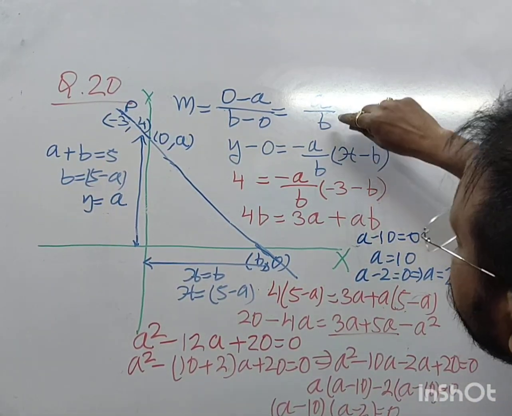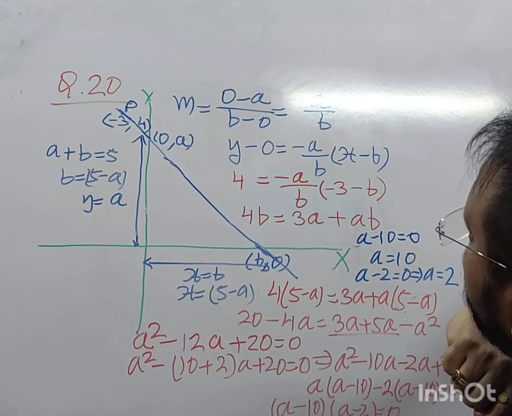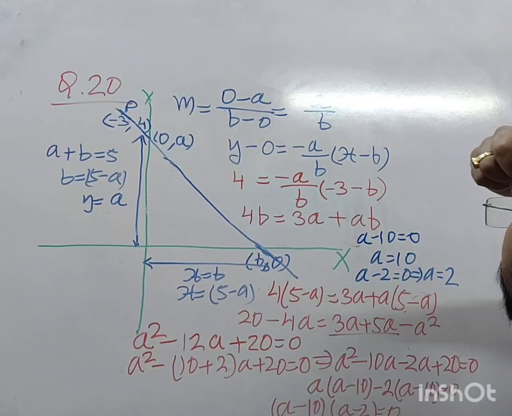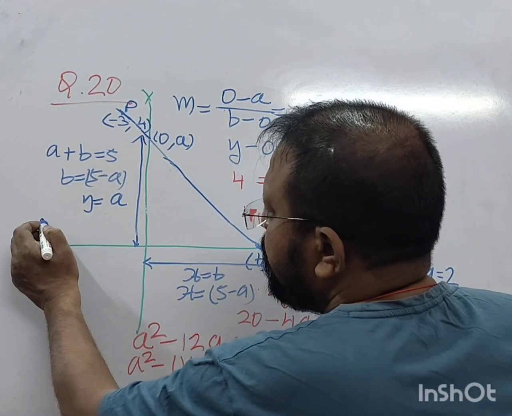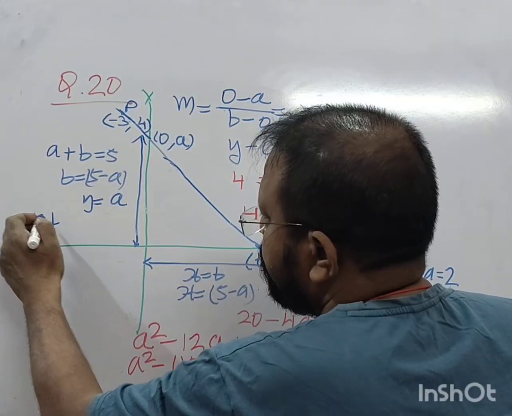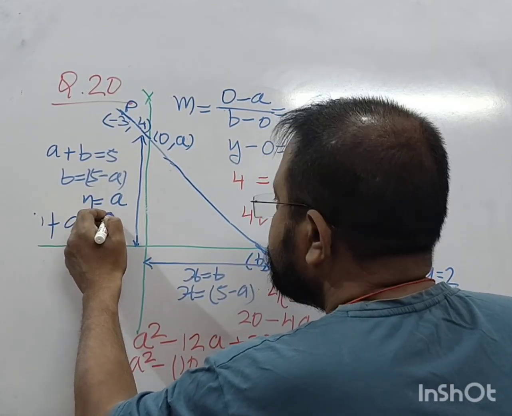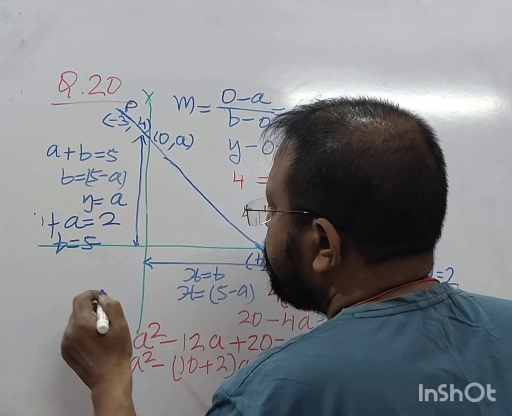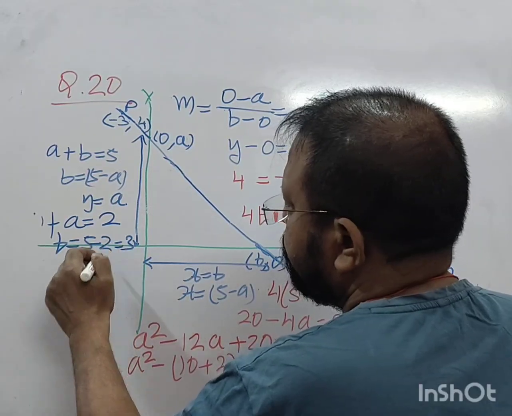Now you substitute the value here. If we take 2 here, so b is, if a is equal to 2, b is equal to 5 minus 2 is equal to 3.